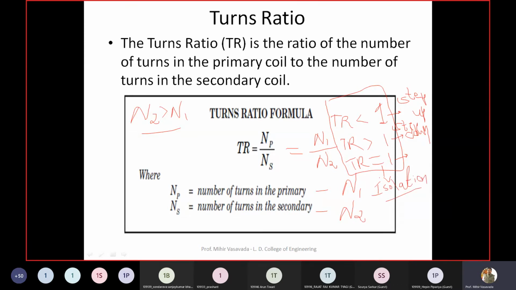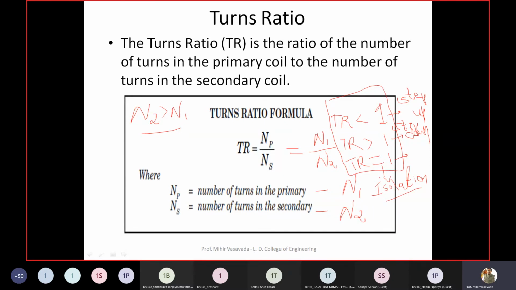Why are we using a transformer? Where we want to increase or decrease the voltage level. For example, we use a transformer in a mobile charger or laptop charger, to reduce the supply voltage of 230 to 6 or 8 or 3 or 1.5 volts. So we use a transformer where we want to either increase or decrease the voltage level.